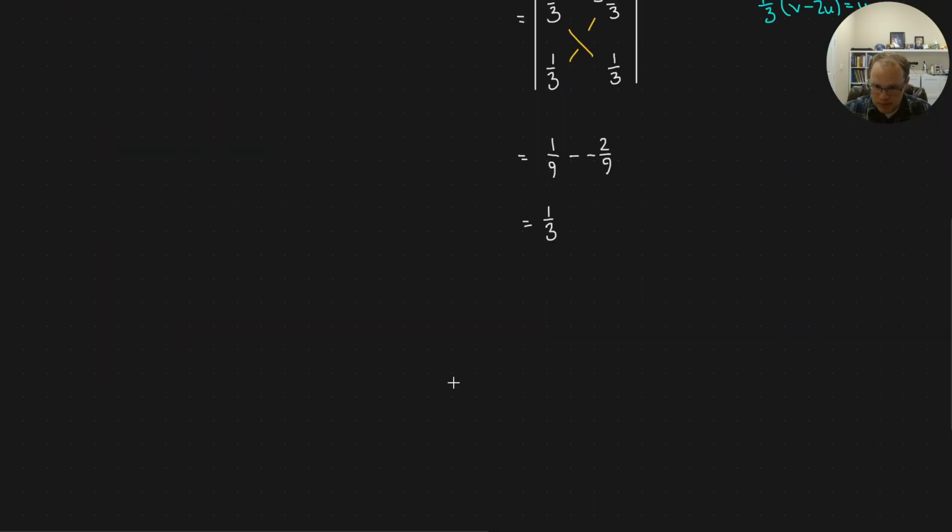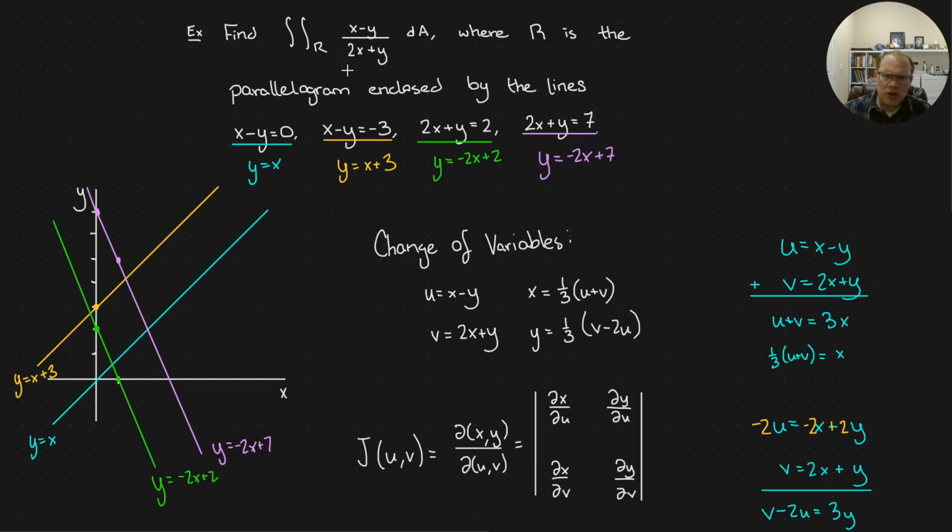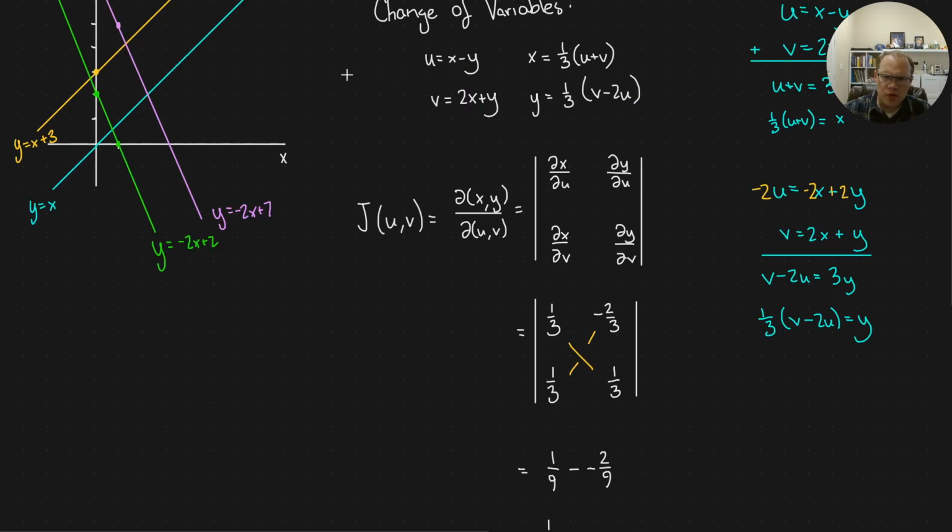Let's start building my integral. So the integral I started with was x minus y over 2x plus y. Okay? So the integral over R of x minus y over 2x plus y, integrated over area. I'm going to change it into an integral over uv space.